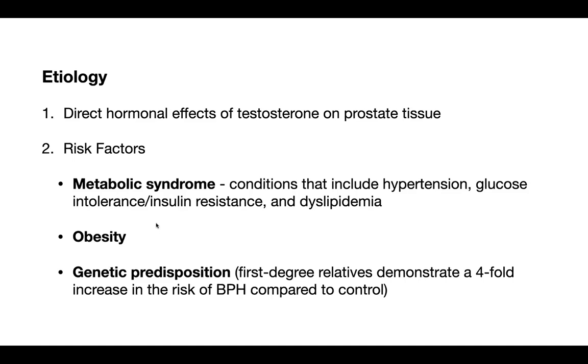We also have a genetic predisposition, mainly associated with people who have first-degree relatives with BPH. If someone has a father or brothers who have had BPH, they are at 4 times the risk of developing BPH.